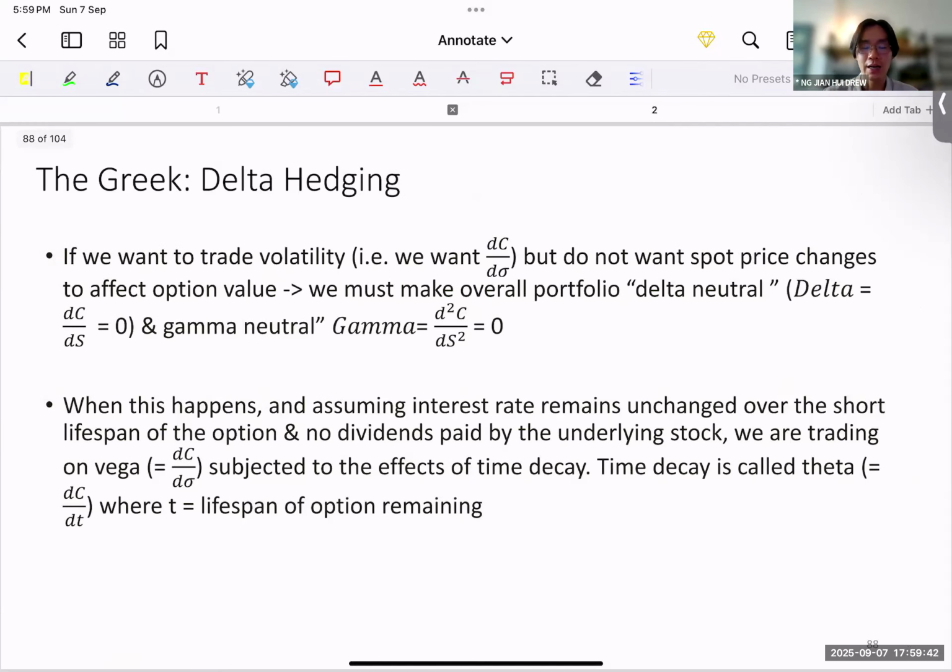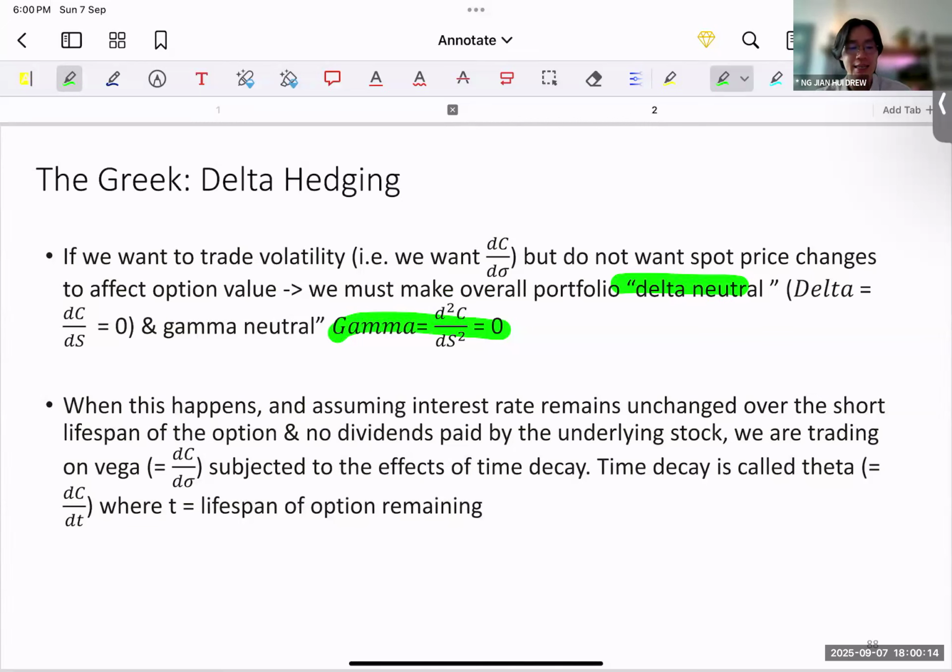Delta hedging. So what are we trying to say here? Even if we have a delta neutral portfolio, meaning that if you take a short position, we buy X number of shares to cover our delta position so that it's delta neutral, we do have to consider various other components of the Greeks. Earlier we saw there is gamma, which is the second order of delta, which we'll talk about a little more in a later slide.